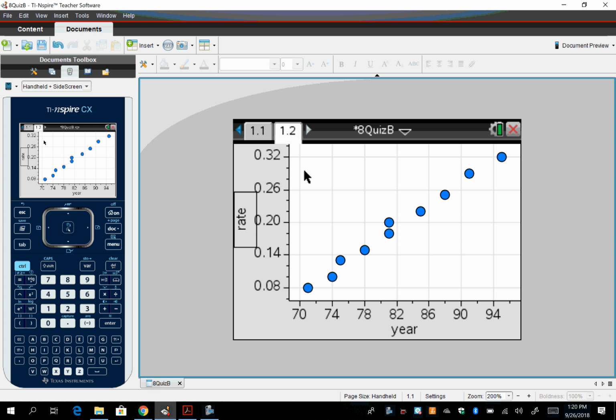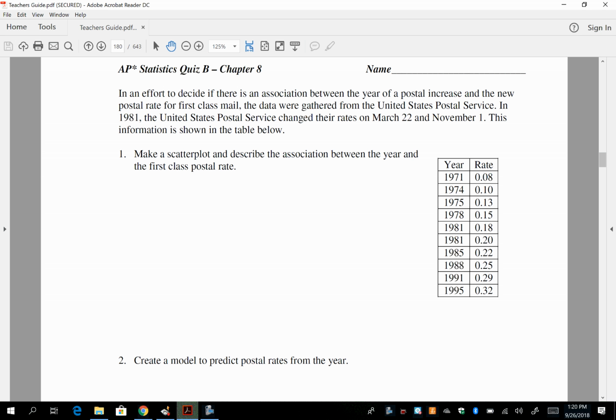Okay, so every time we make a scatter plot, we always have to think about what? Direction, form, and strength. Let's write it down. Because notice in number 1 it says make a scatter plot, but also describe the association.